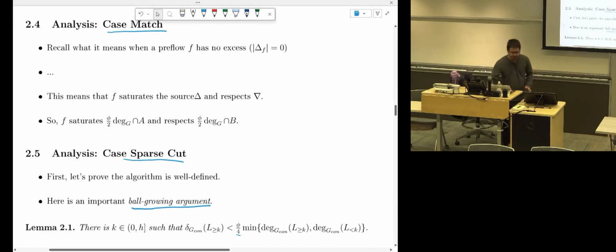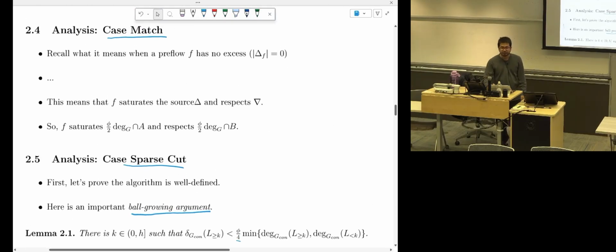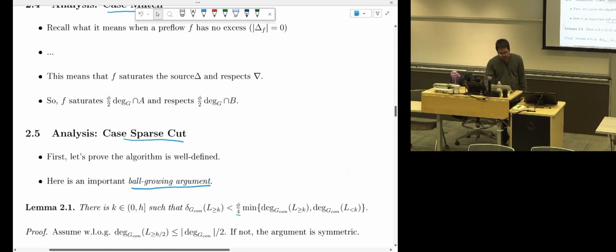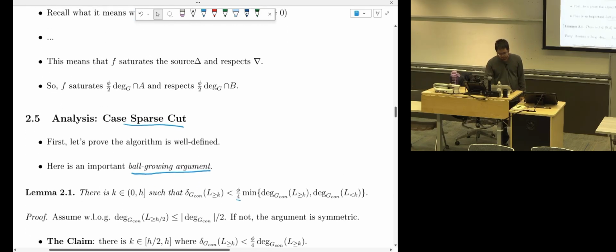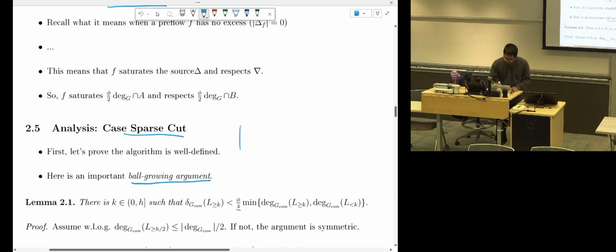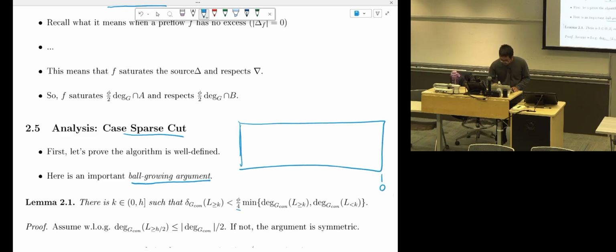There exists a sparse cut in G con. Let's draw it. You have level 0 and level h. And let me assume for now that this side is smaller than this side.